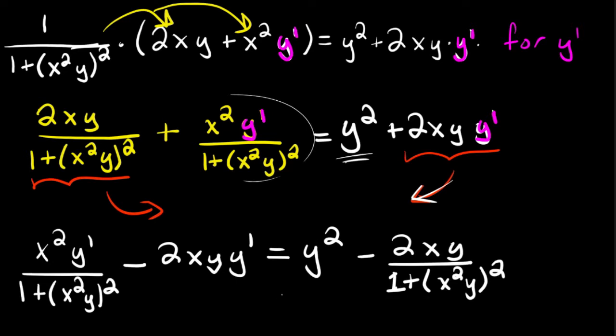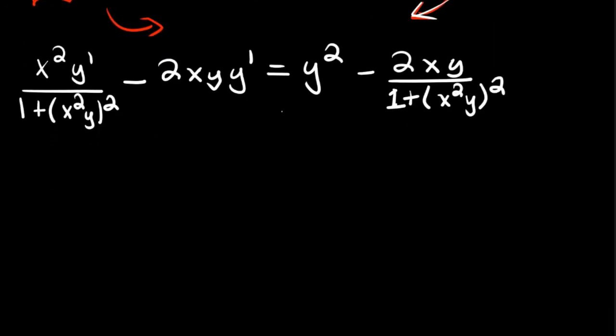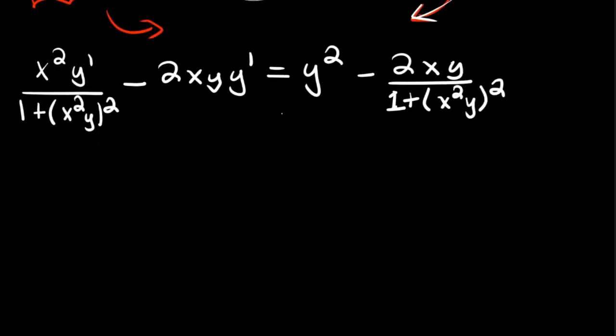And then my usual, I'm going to now factor out my y prime. So I've got a y prime here and a y prime right there, so I'm going to factor it out, leaving me inside with all of these guys that are left over.